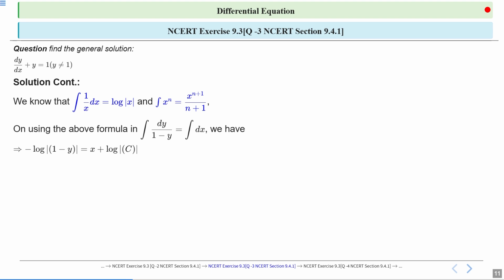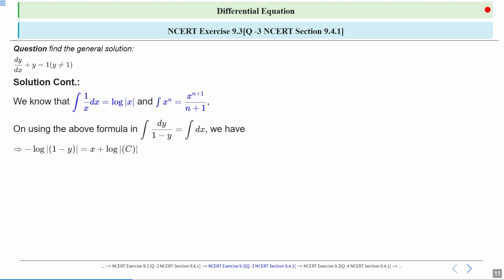To integrate this, we apply the substitution method: take 1 minus y as another variable t and differentiate it. So we get minus dy is equal to dt. When we substitute back and apply the formula of the integration of 1 by x dx, we get minus log (1 minus y). And the integration of dx is x plus, here we take the constant of integration as log c. This is also an arbitrary constant.